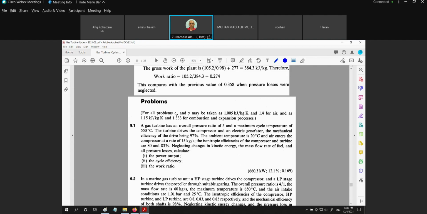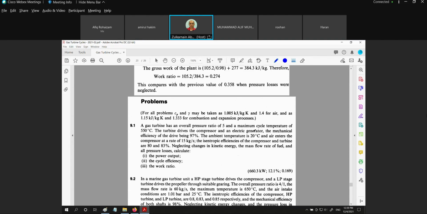And it is said that the turbine is going to drive the compressor and also an electric generator. So the whole component of these three, the compressor, the turbine, and the electrical generator, should be drawn in one shaft.